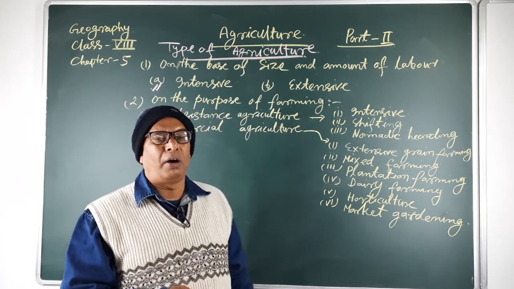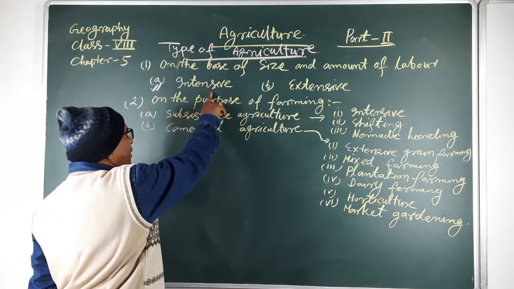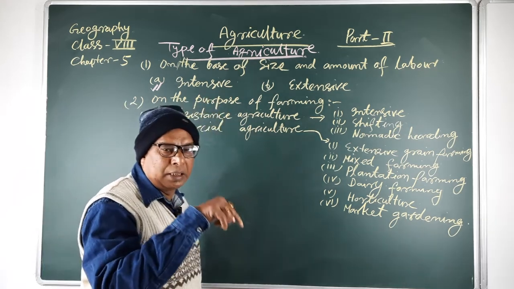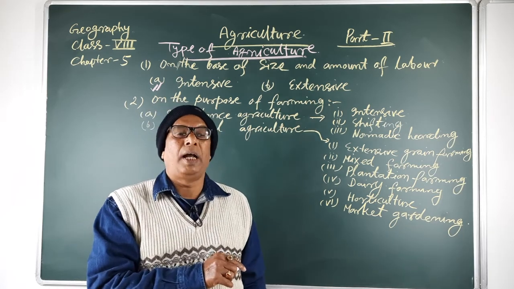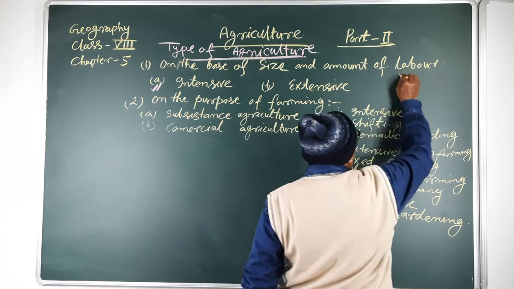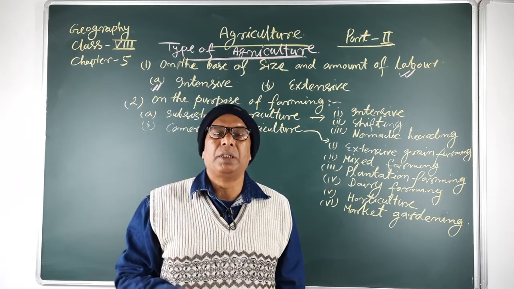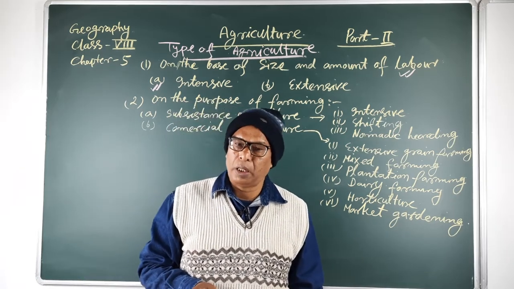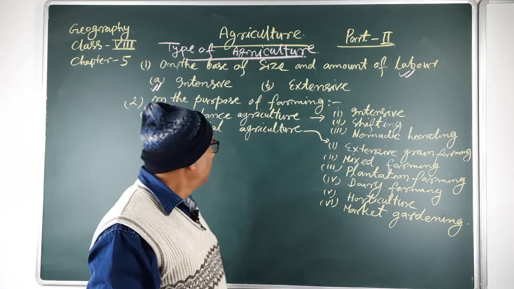These types of agriculture are known as intensive agricultural farming. This type of farming uses abundant labor for cultivation, farming practices and growing of crops.